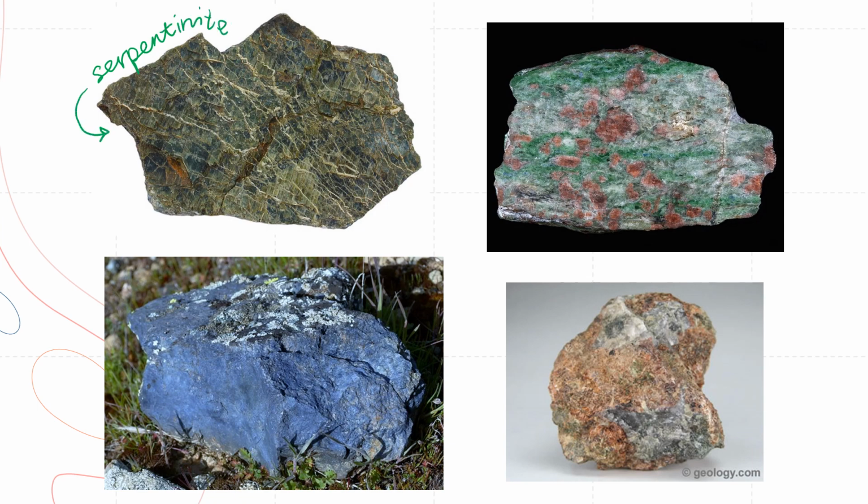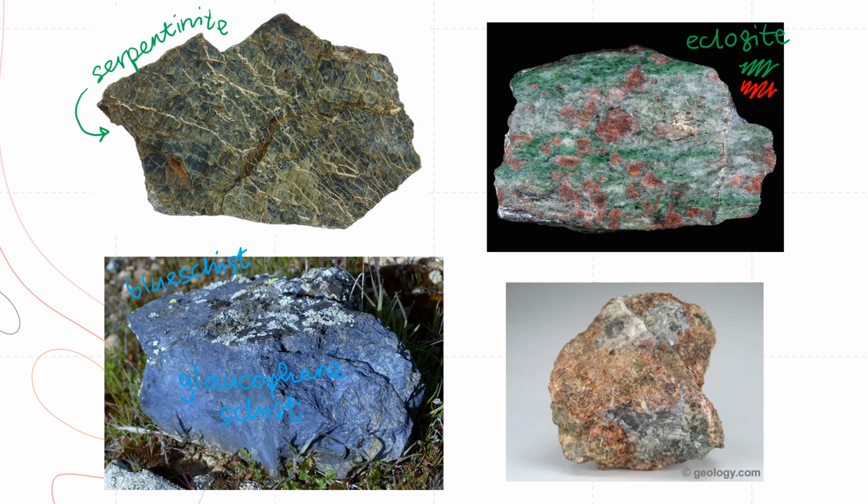In the top right-hand corner, we have our eclogite with its characteristic green and red minerals. In the bottom left-hand corner, we have our good friend, the blue schist, or glaucophane schist, if you'd like to call it by its mineral name.